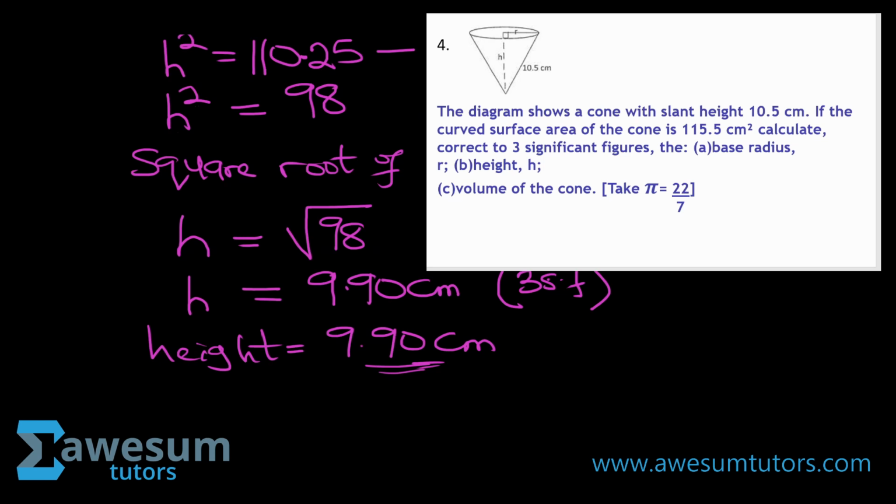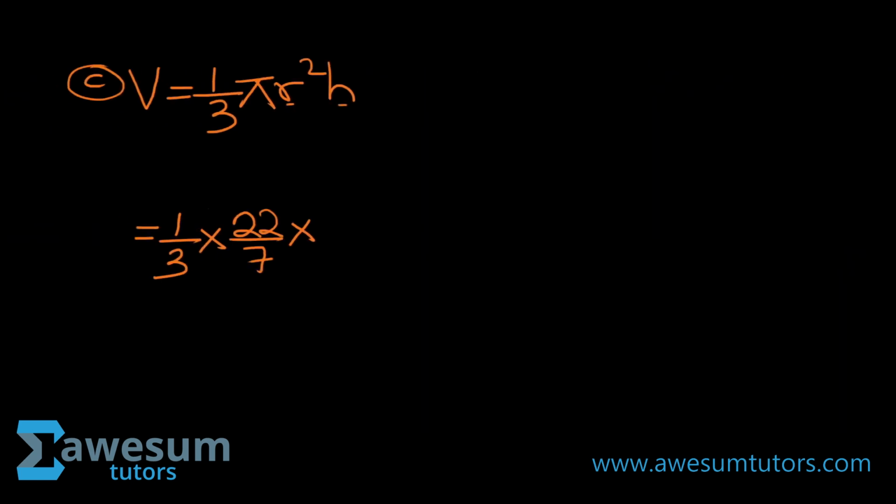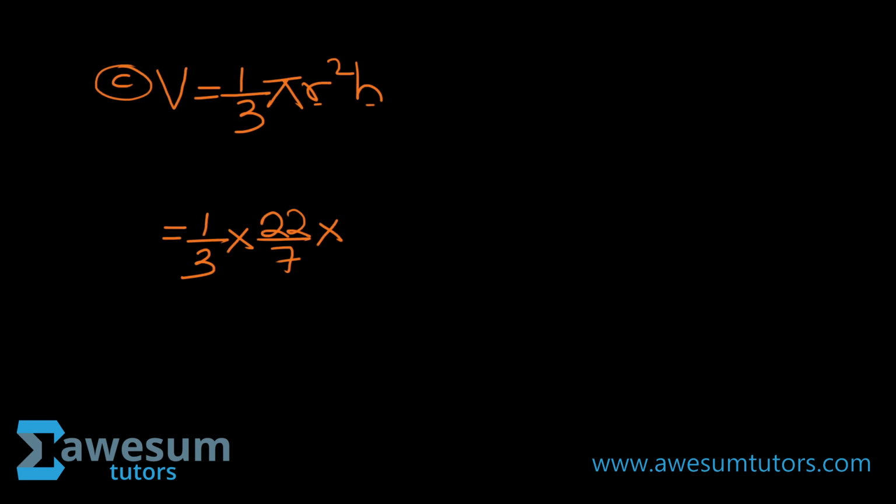So that means I have 3.5 squared, times the height that we just got, 9.9. So I have 1/3 times 22/7 times 3.5 squared times 9.9.